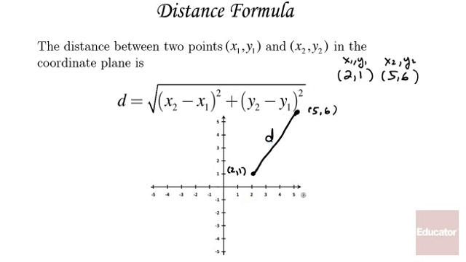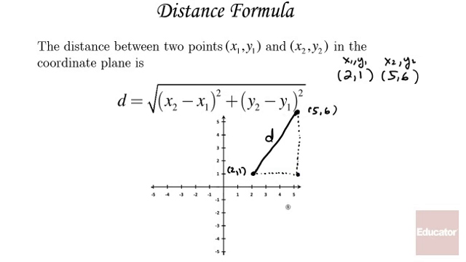Based on these 2 points, I could draw a triangle, and I could do that by dropping down vertically from this point and going across horizontally from my other point.